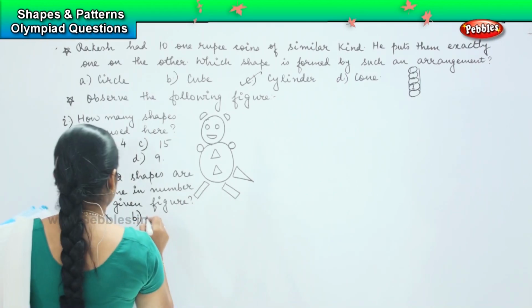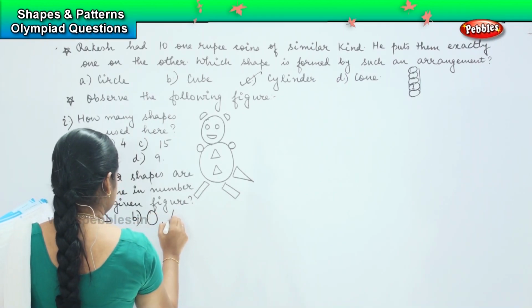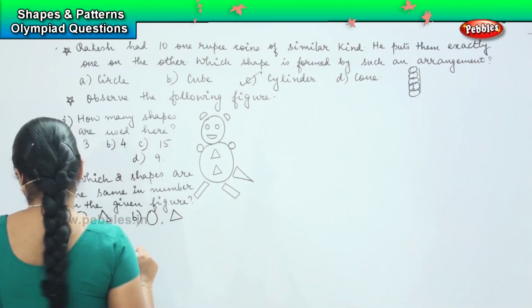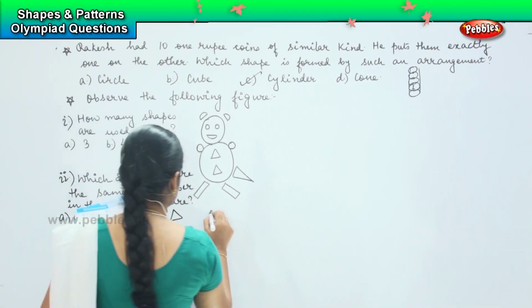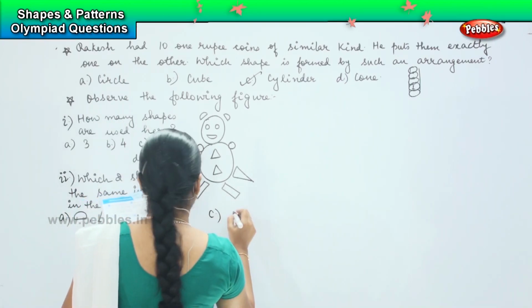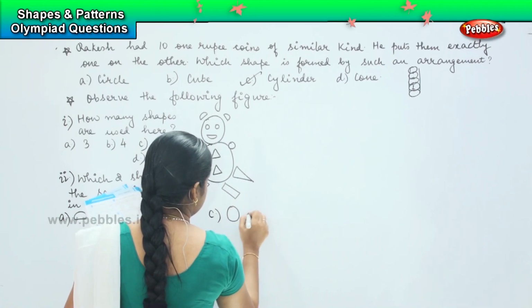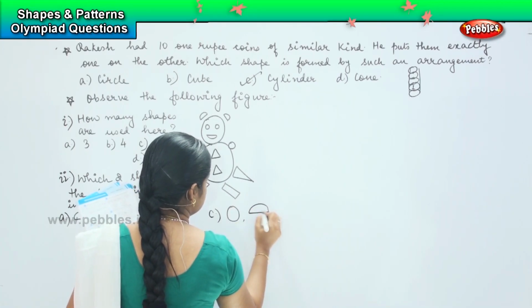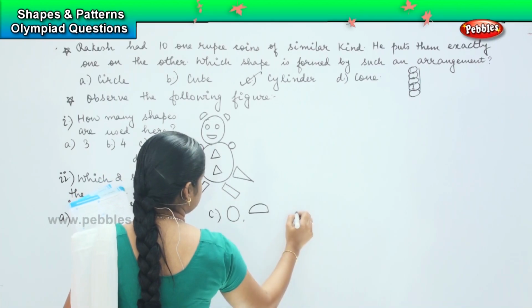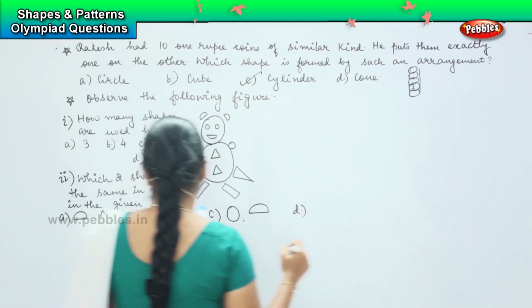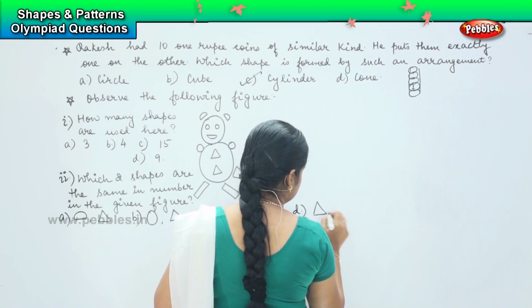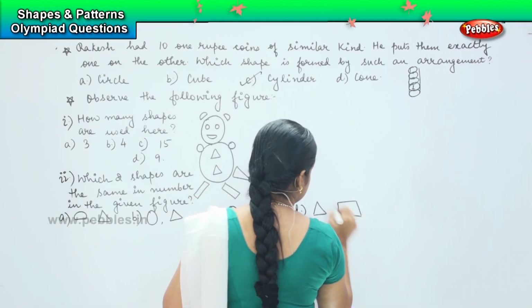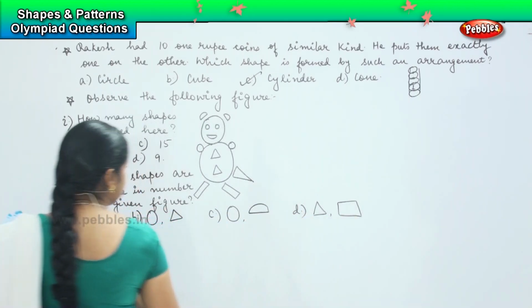Option B, a circle and a triangle. Option C, a circle and a semicircle. Option D, a triangle and a rectangle. Fine.